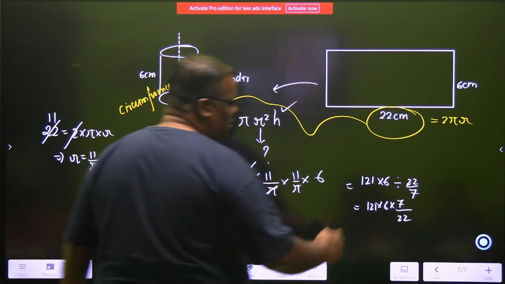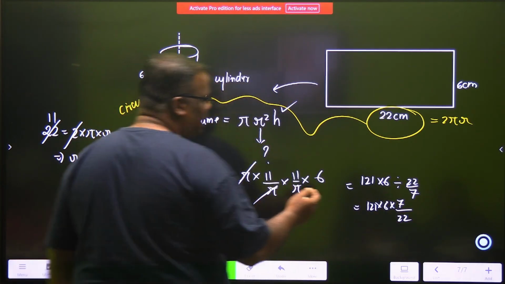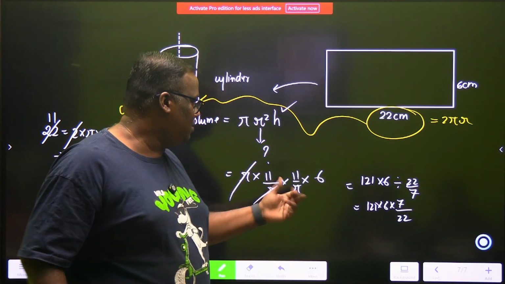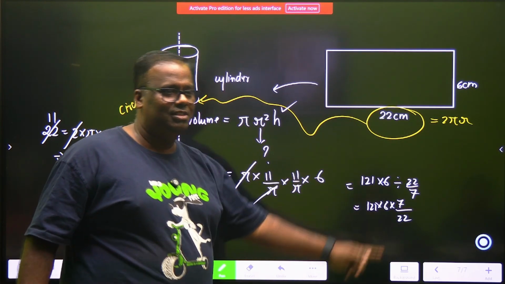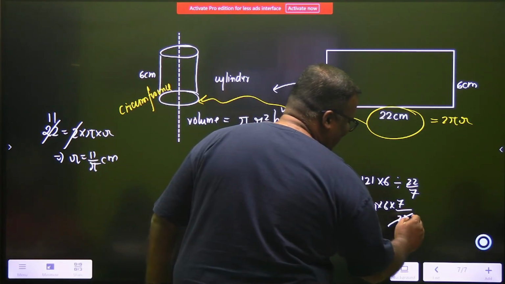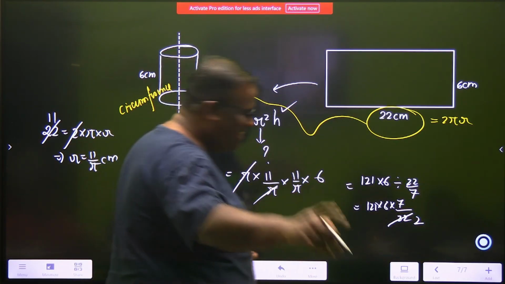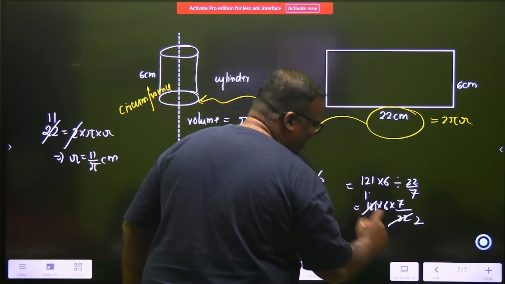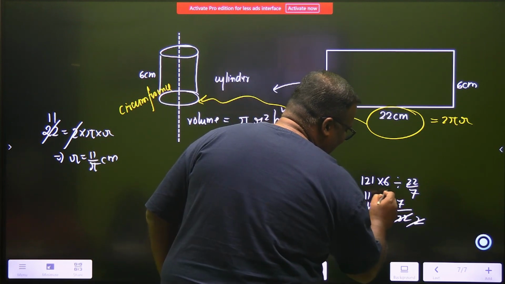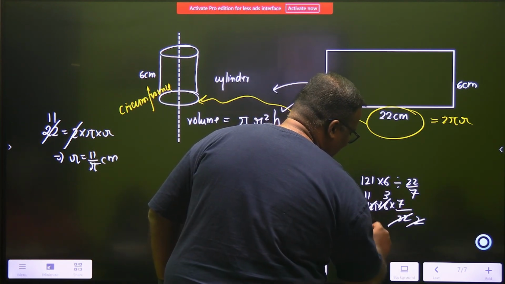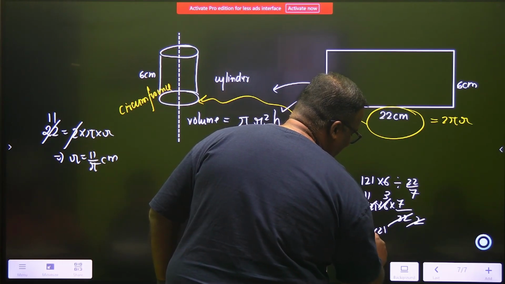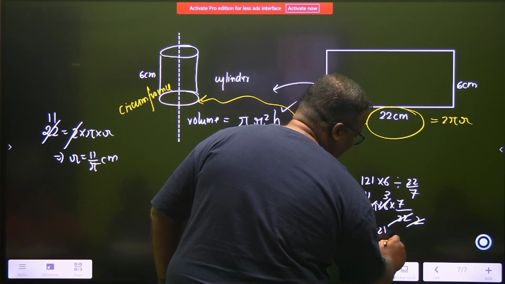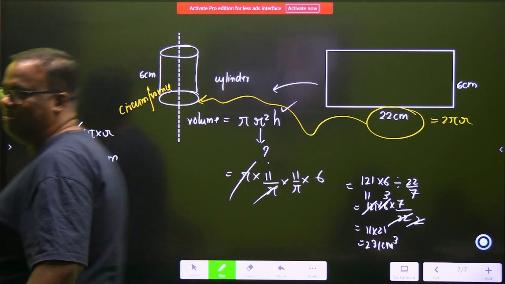I did some idiotism here: I should not have multiplied 11, because it will cancel. 11 into 22 cancels. 11 is 121, and then 2 into 3 is 6. So 7 times 3 is 21, 11 into 21 is 231 centimeter cube.